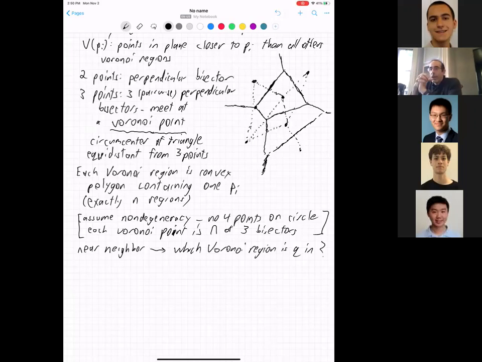But that's going to be very costly if I have a large number of query points. Suppose that I wanted to pre-process the points pi to answer queries fast.